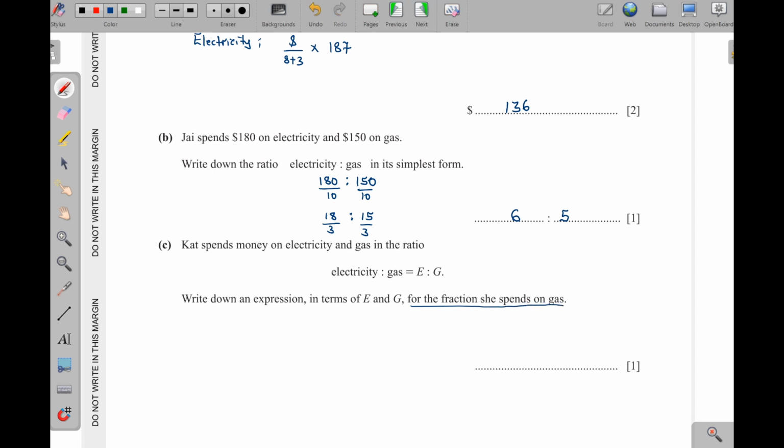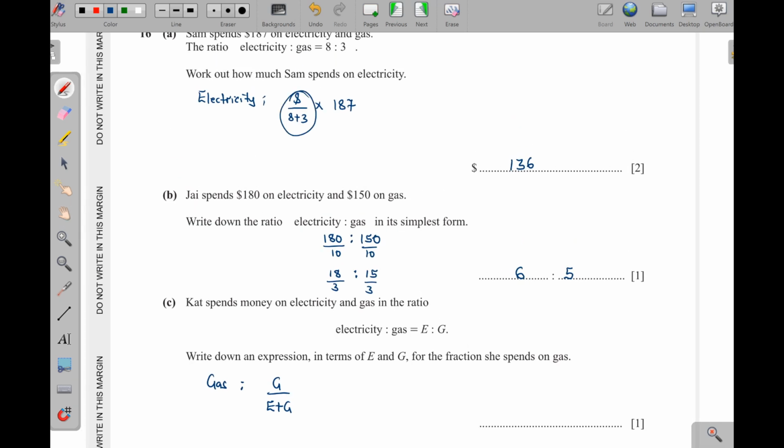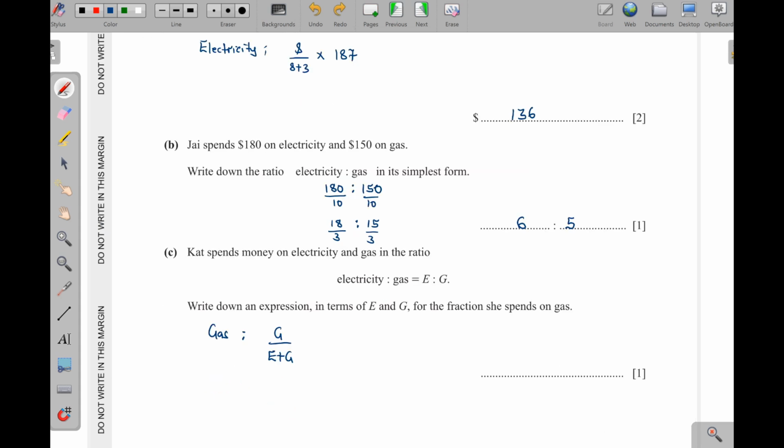For gas, remember, gas belongs to G here. So we shall say G, then out of the total ratio, E plus G. You see that? That will be now the fraction for the gas. Just like we did here when we were finding electricity: 8, then divide by the total, then times the total to get the amount. So I'll just get this one here, and then I shift it, and then I put it here. That is my answer there.